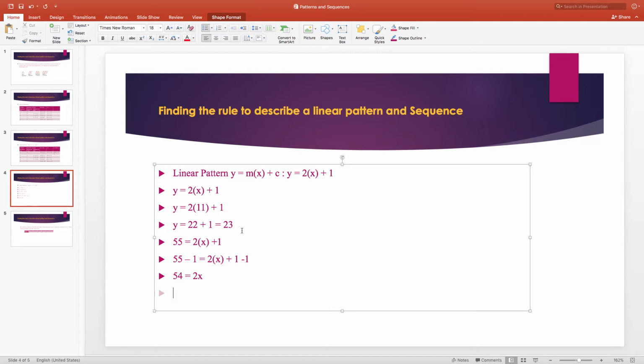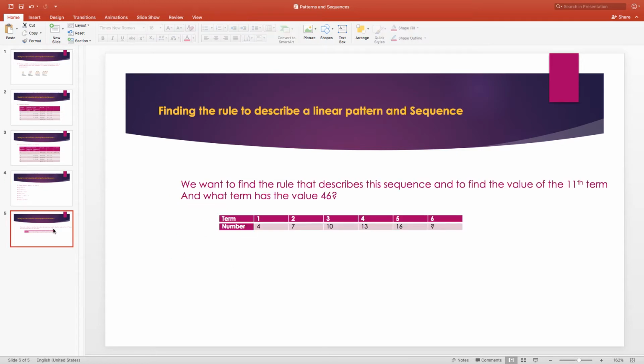So 54 divided by 2 has to equal 2x divided by 2. So 17 equals x. So the 17th pattern has 55 matchsticks in it. And we can apply the same now to this situation here.